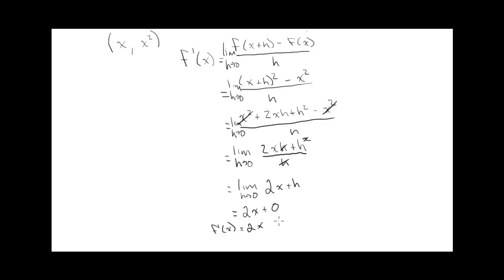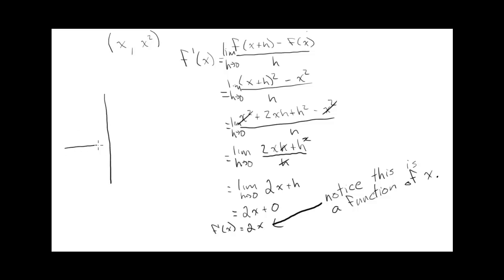Okay. So what you maybe notice here is, notice this is a function of x. And what does this function represent? Well, it represents the slope of the tangent at any point x.